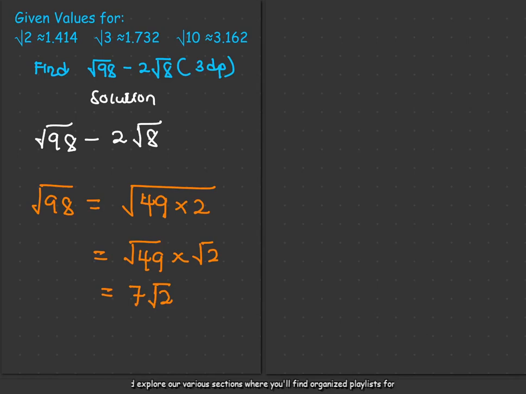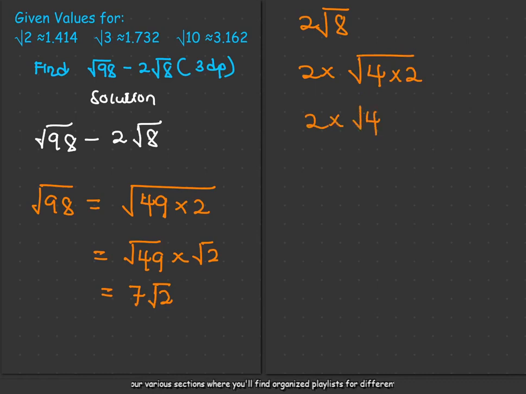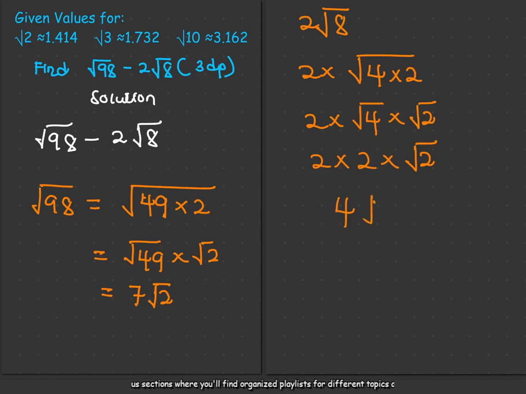Then we come to the next one, which was 2 root 8. It becomes 2 times root 8. The perfect square that is a factor of 8 is 4. So 4 times 2. So we have 2 times root 4 times root 2. Root 4 gives us a 2. So we have 2 times 2 times root 2. Simplifying, we have 4 root 2.